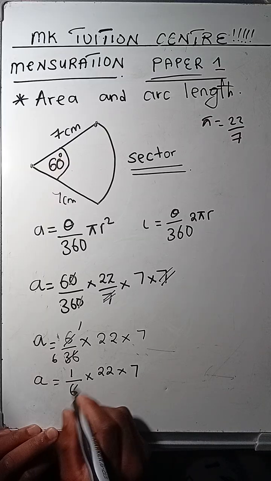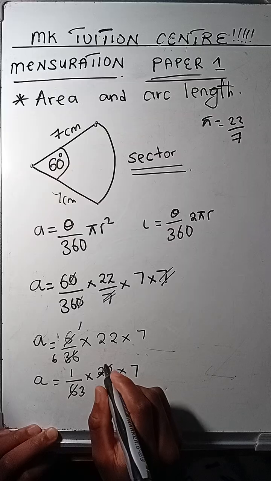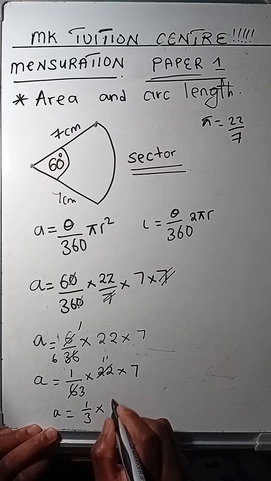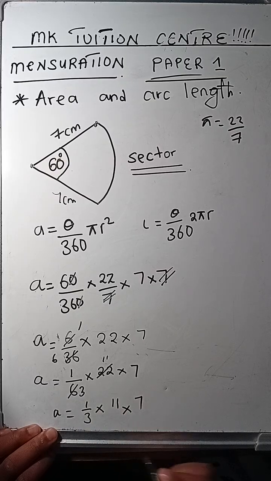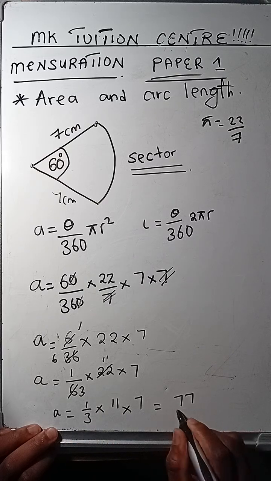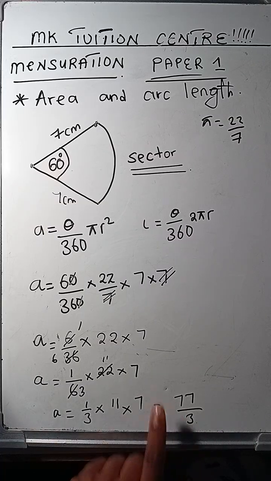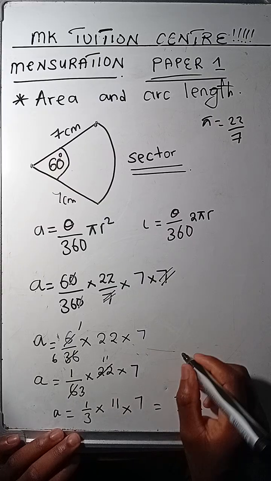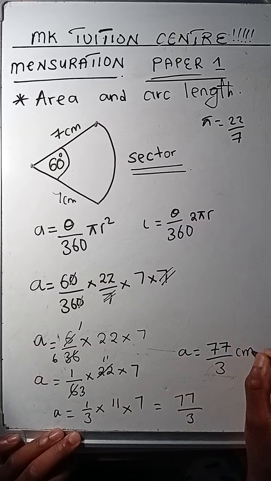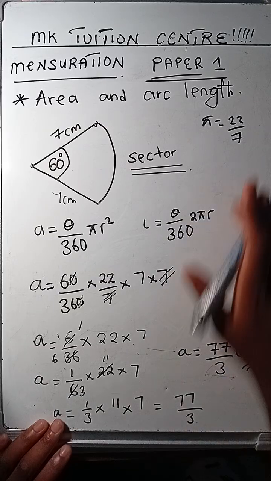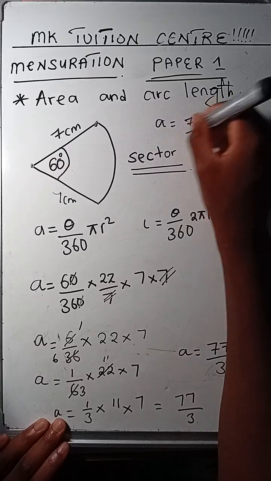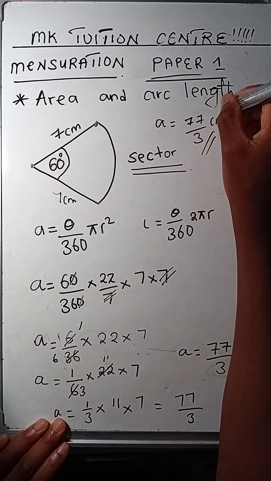We can use 2. 2 here is 3, 2 there is 11. So we're going to have 1 over 3 multiplied by 11 multiplied by 7. So now we can just say that 1 times 11 times 7 will give us 77 divided by 3. Now this is simplified. So area will be equal to 77 over 3 square centimeters, and that is how it is done.